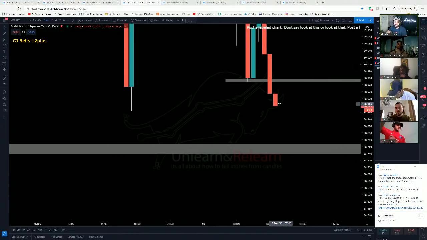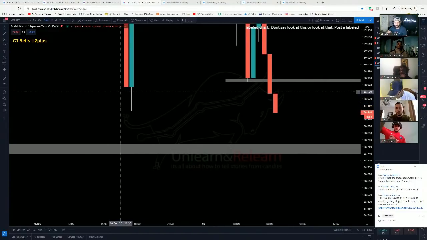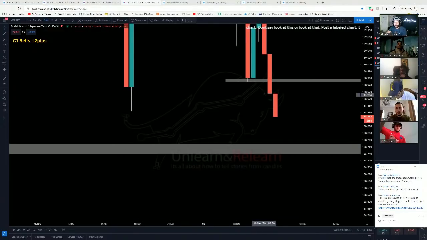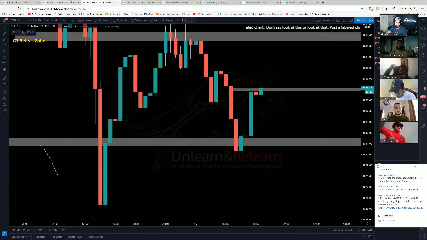Because we've seen these things before as well, like we have wicks to the left hand side and we think there's going to be a rejection, but price moves down. So the more you see these things happen, the more confident you get. That's why I was confident after we broke this low that price would continue moving down. If you're fluid in the markets, you can get that move, and that's what we say about being fluid in the markets.